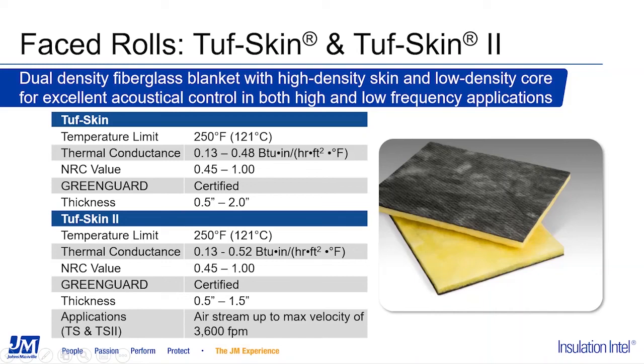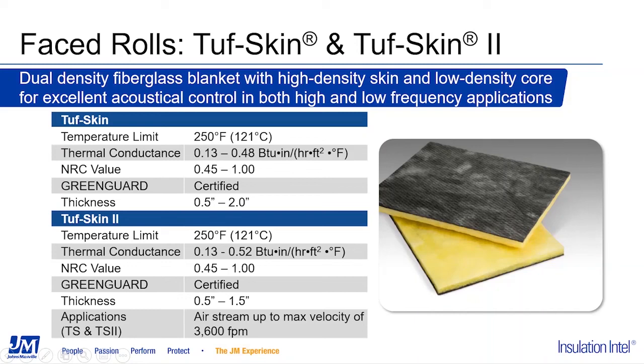So for ToughSkin, you can see the thermal values registering between 0.13 and 0.48, with acoustic values between 0.45 and 1. It is a GreenGuard certified product and available in thicknesses between 1/2 and 2 inch. ToughSkin 2 is similar, although the thermal values go up to 0.52.